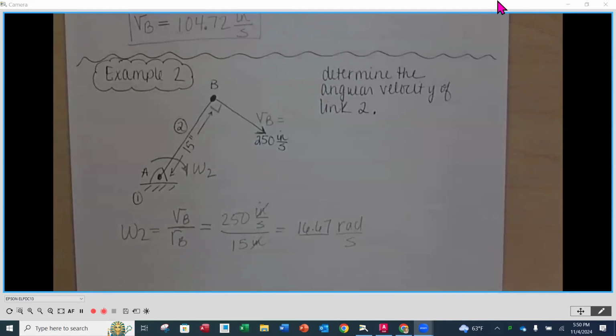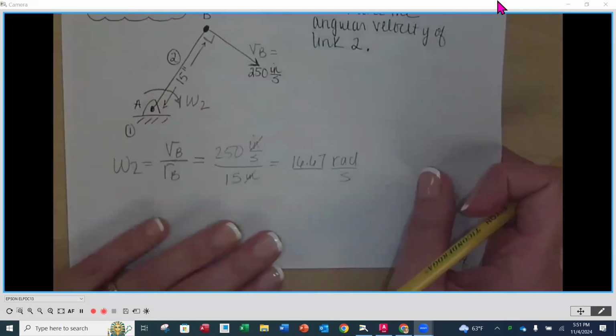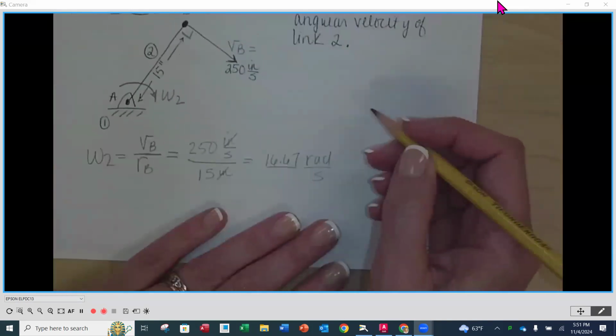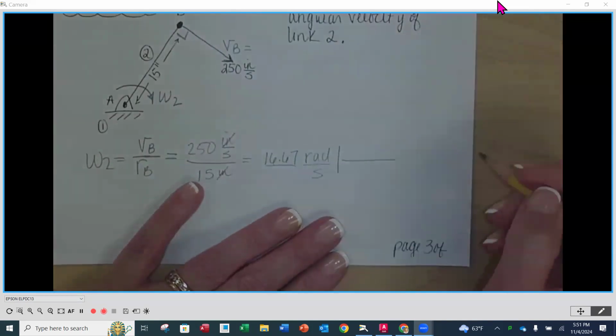Now, this is where we are solving for an angular velocity as our final answer. Yes, we get radians per second out of this equation, but we do not leave it in radians per second because it means nothing to anybody, okay? We're going to convert this to revolutions per minute. So even though we know that our W2 is 16.67 radians per second, we're going to convert it.